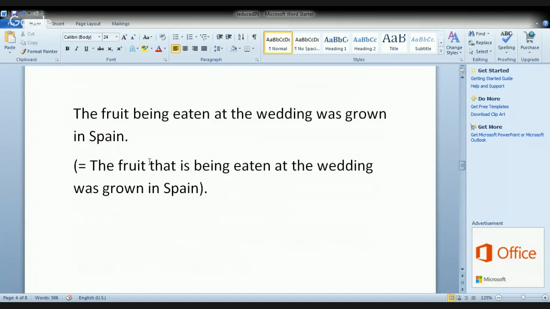So again, we're taking out that is, and I'm pretty sure that hopefully you understand it by now. And again, we have was grown in both sentences, because this is also in the passive tense. We're using all passive tenses in this last part. And so we need to continue with a passive, even though it's not the exact same passive. Again, we have the present continuous passive and then the past simple passive.